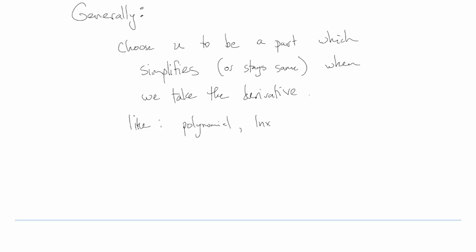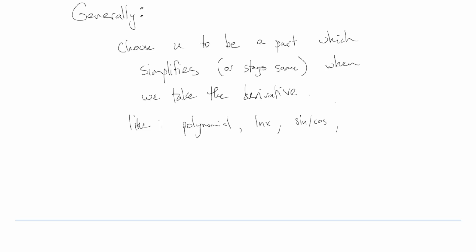A natural log of x also gets simpler. ln of x will turn into 1 over x, which is usually easier to deal with than a natural log. So that's another good choice to choose as the u. Something like sine or cosine. They don't get simpler, but a sine will turn into a cosine, or a cosine will turn into a sine, which is not getting any more complicated, at least.